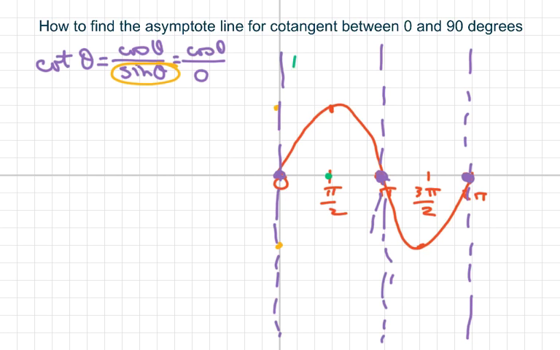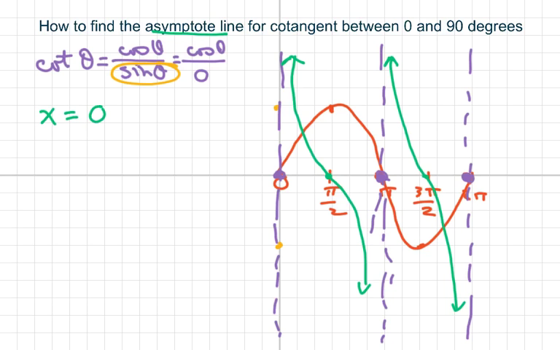Cotan goes like this. So we have it right in here, but all I'm concerned with is the asymptote lines. Between 0 and 2 pi, my asymptote lines are x equals 0, x equals pi, and x equals 2 pi.